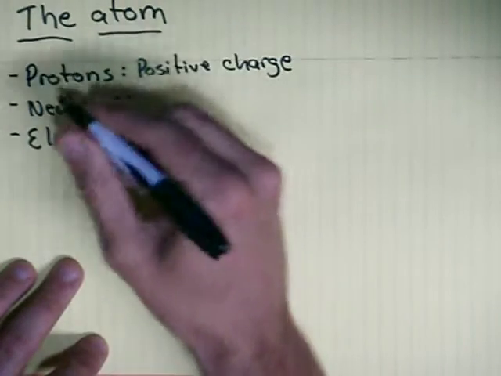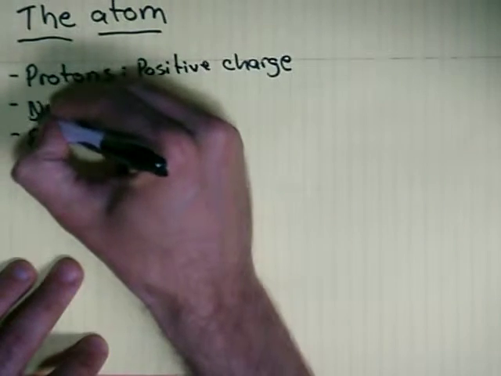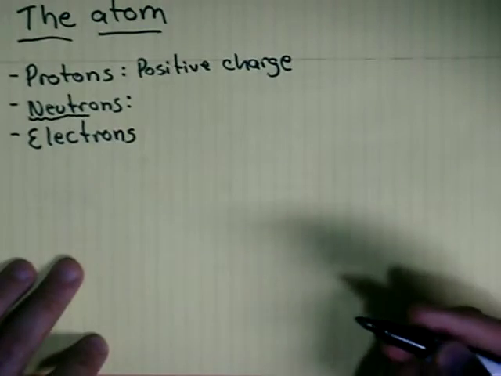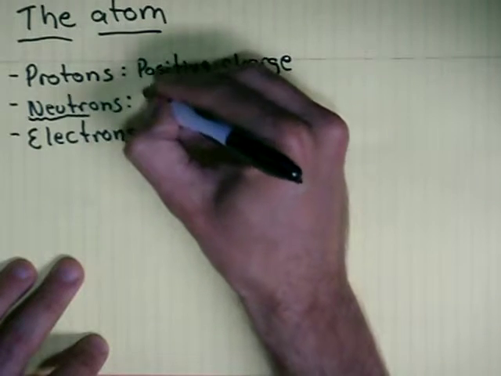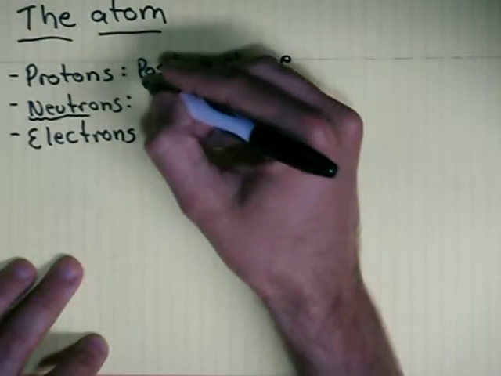Neutrons, as you can kind of guess if you're beginning this, sounds like neutral. So they don't have any charge, so they're neutrally charged.